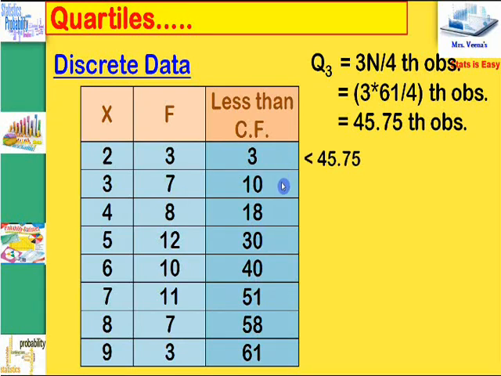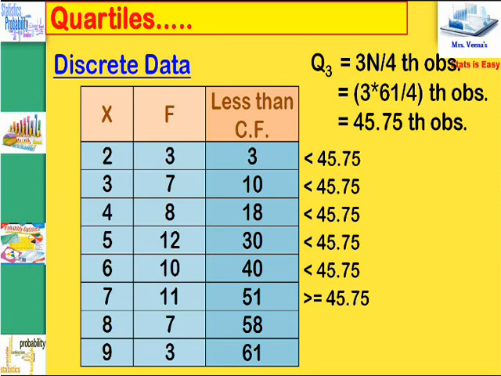This is less, this value is also less than 45.75. This is also less, 30, 40 is also less than 45.75. 51 is greater than 45.75 for the first time. So the corresponding value of x is 7. Q3 is 7.